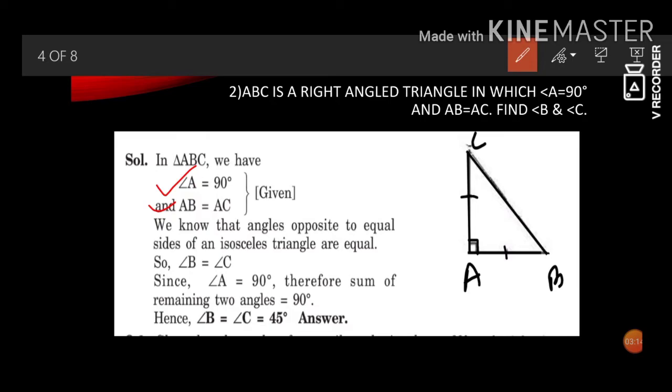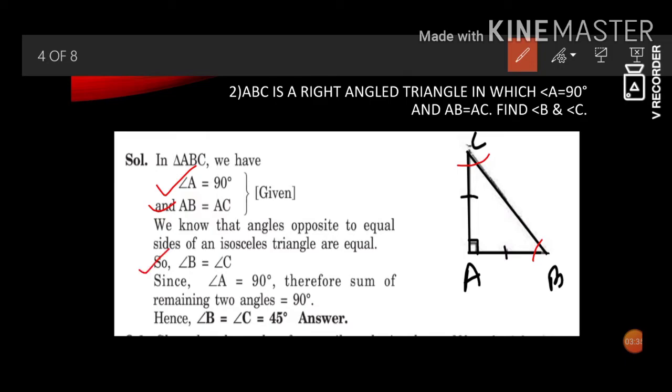We know angles opposite to the equal sides of an isosceles triangle are equal. That means angle B and angle C are equal to each other. Since AB and AC are equal to each other, angle B and angle C are equal to each other.